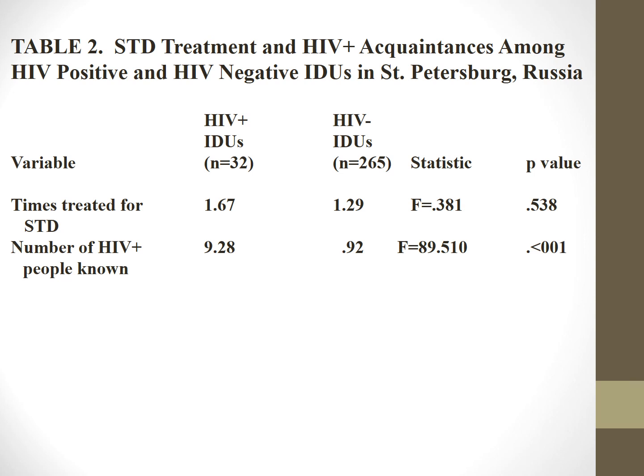acquaintances, and that's the average, so over 9, versus if they're not HIV positive, they knew less than one person.